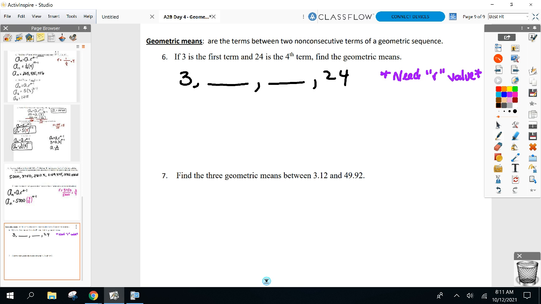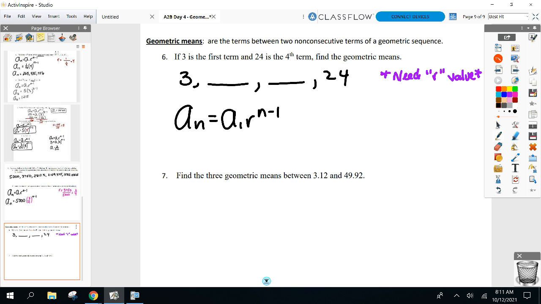You got something with the R value in it? What do you have that's got the R value in it? On your formula sheet. Here you go. And then I'm just going to have to go a little slow. This is going to be a little trickier here.